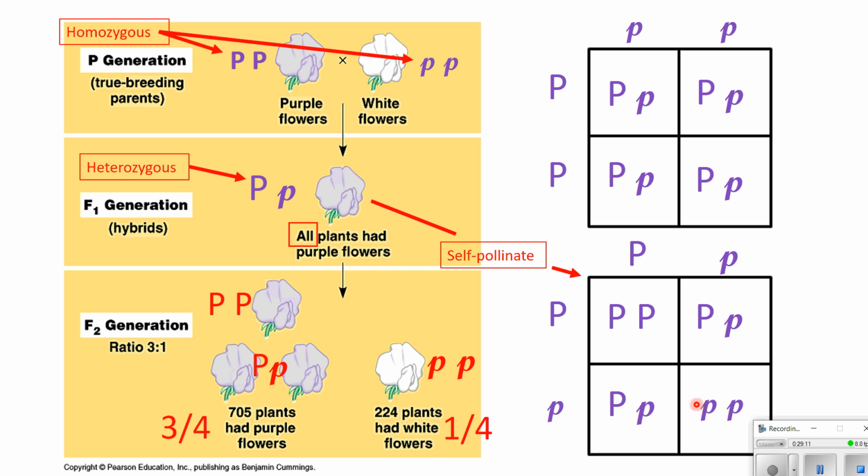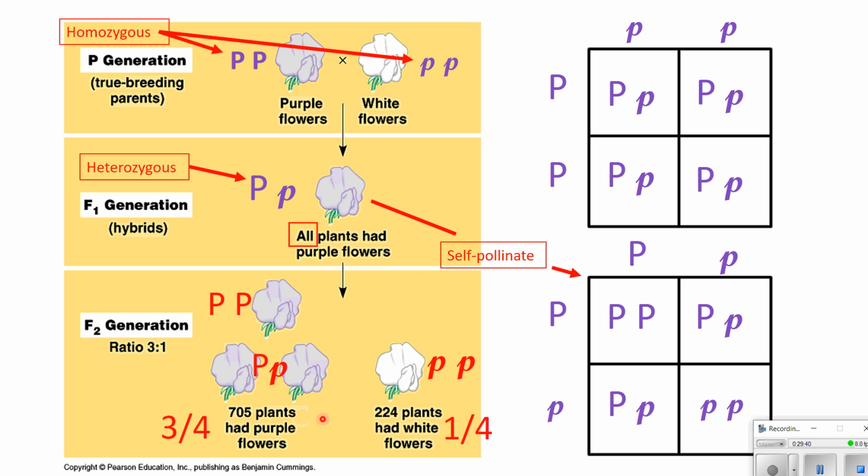And then there's a 1 out of 4 chance that I'm going to get a little p white flowered offspring. So if you look at that all together, that means there's a 3 out of 4 chance that I'm going to get purple flowers in my offspring, and only a 1 out of 4 chance of white flowers. And that matches up just perfectly with the actual numbers that Gregor Mendel got.